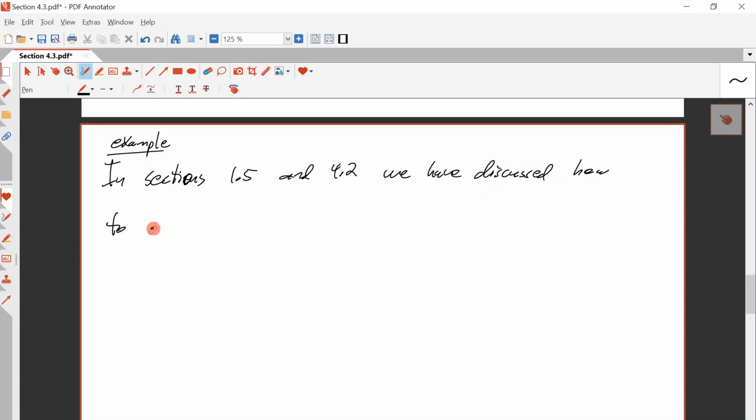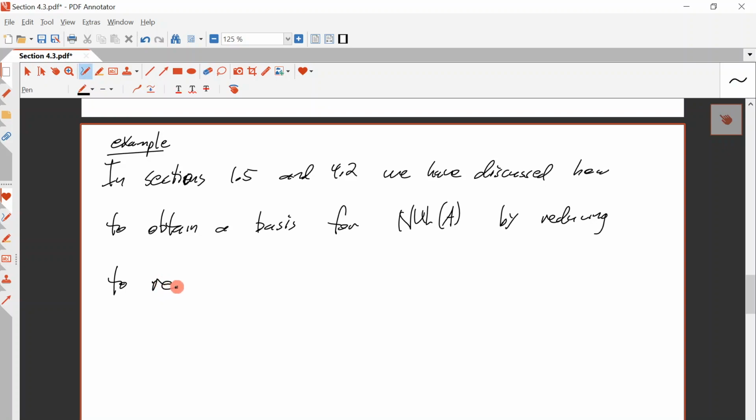How do we find bases in other situations? Well, in sections 1.5 and 4.2, we discussed how to obtain a basis for the null space of a matrix A by reducing to reduced row echelon form.